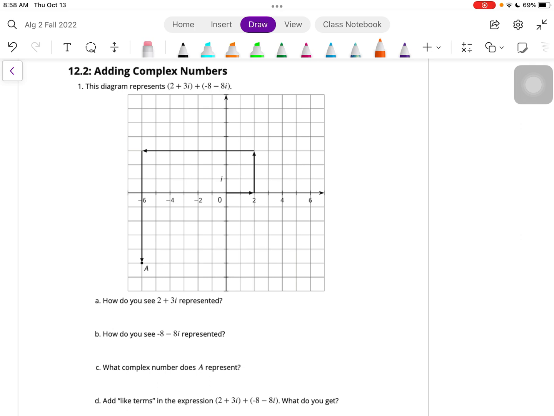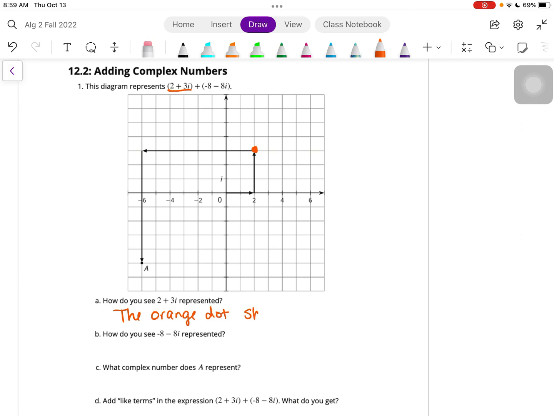Here's a diagram, and it represents 2 plus 3i, plus negative 8 minus 8i. So notice we have our 2 plus 3i, and that is represented with the orange dot.